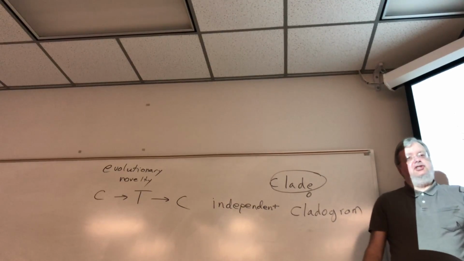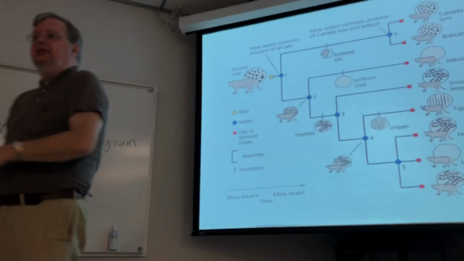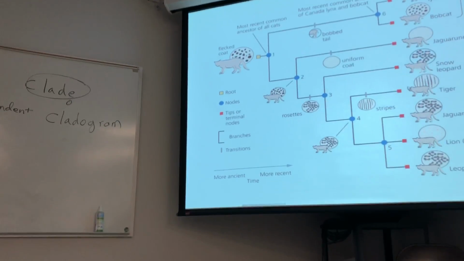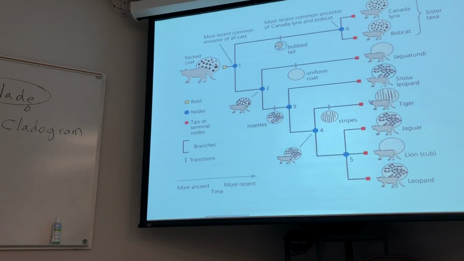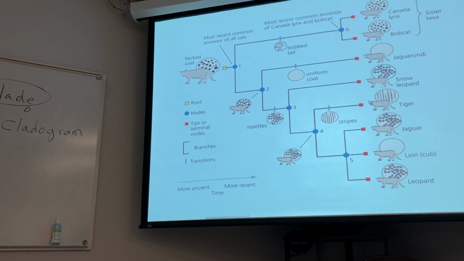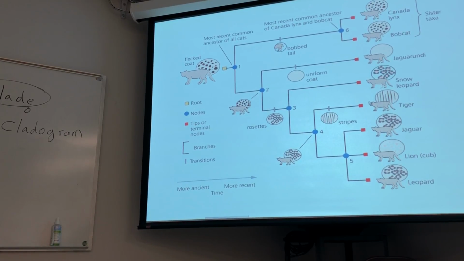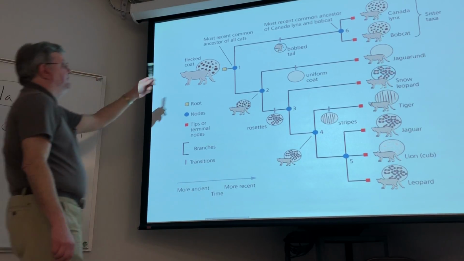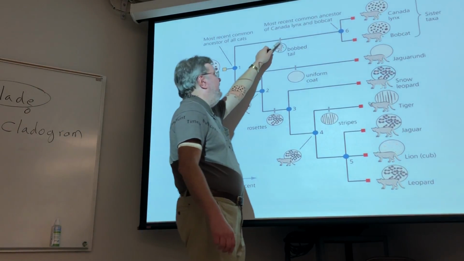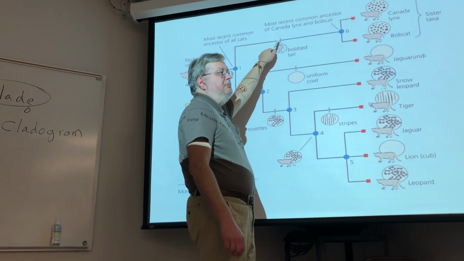But in this other lineage, in this reconstruction, at some point, you have the evolution of a shorter tail, a bobtail. That's why bobcats are called bobcats, because they have short tails. Lynxes, there's actually another couple other species of these, have short tails, which is different than other cats. So at some point, after this divergence, in this clade, they became bobtailed.